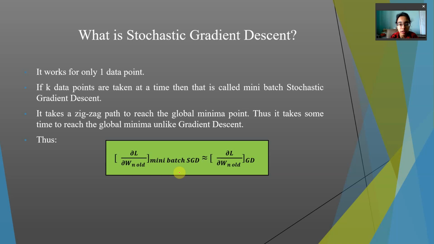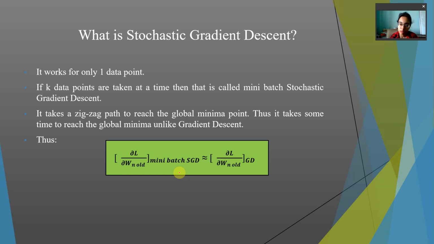What is the drawback? The drawback is that stochastic gradient descent takes a zigzag path to reach the global minima. If we have the global minima at a certain distance and a weight initialized at a point, then stochastic gradient descent will follow a zigzag path to reach the global minima.